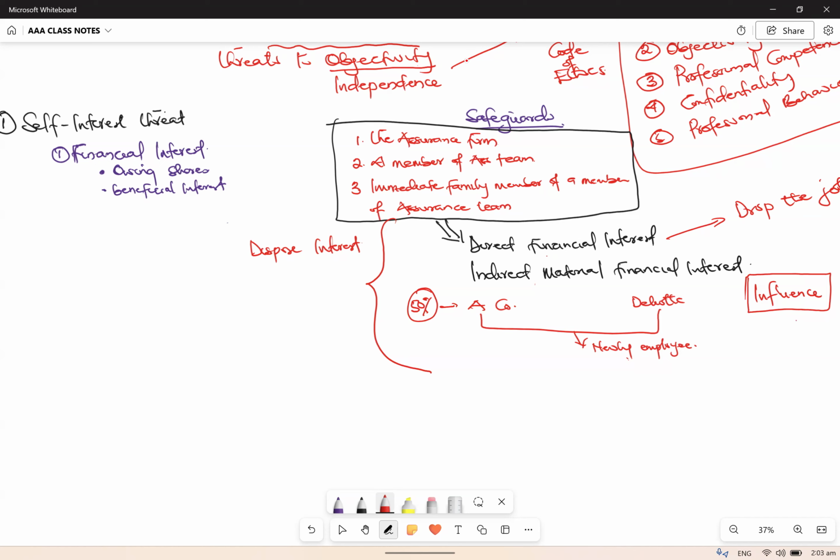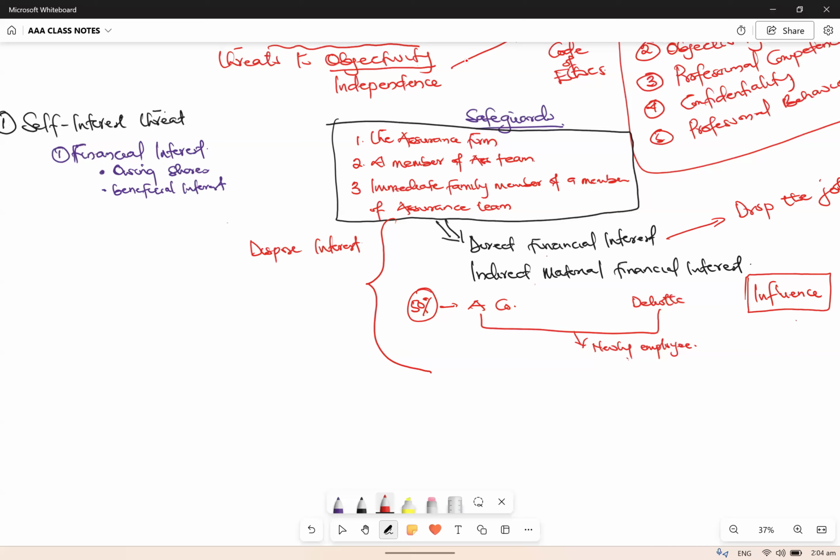Yes, Reginald, your hand is up. Talking about disposing of the interest, this is a junior staff. If you listen to me carefully, I said if the influence is significant. Even if it's significant, how can the person tell the father to dispose of the interest?